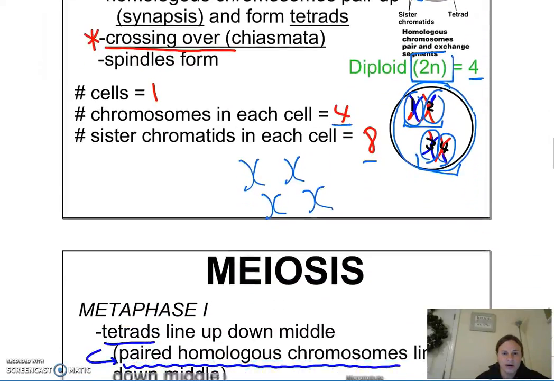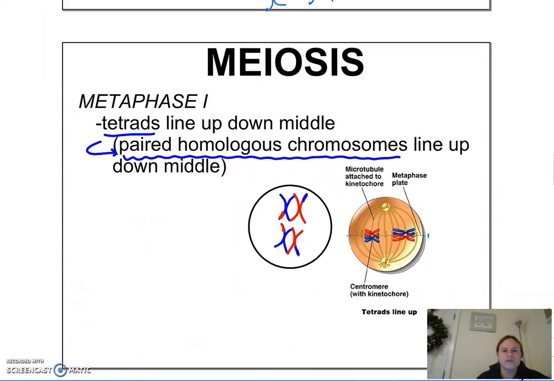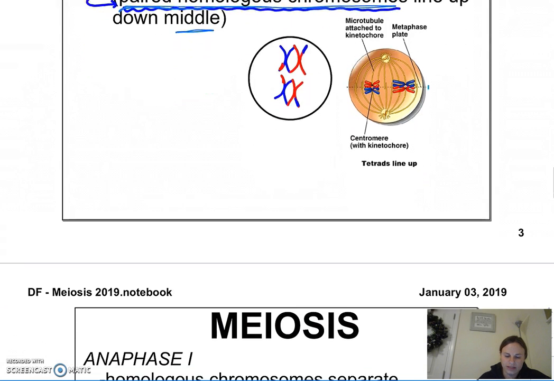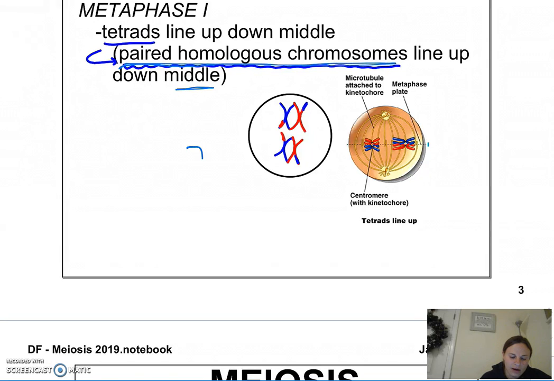Now let's continue on with metaphase 1. So now those tetrads, those pairs of homologous chromosomes, line up down the middle, down the equator of the cell. And we still have our 2n number. We still have 4 chromosomes present, right? 1, 2, 3, 4.